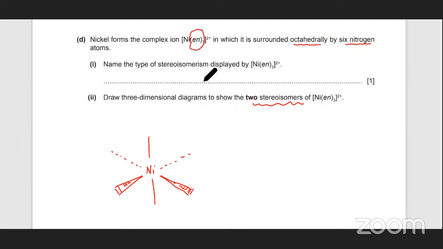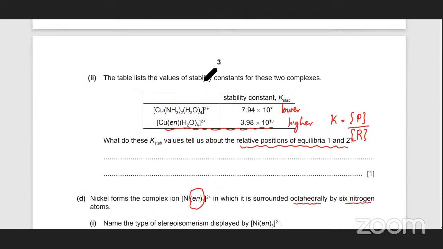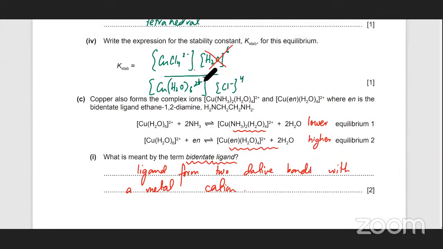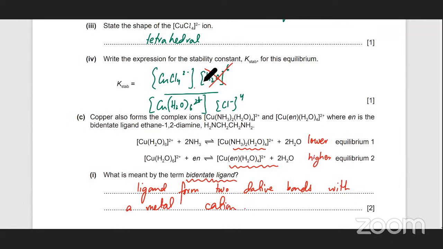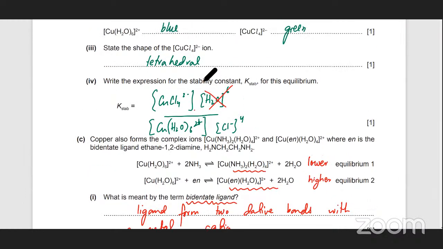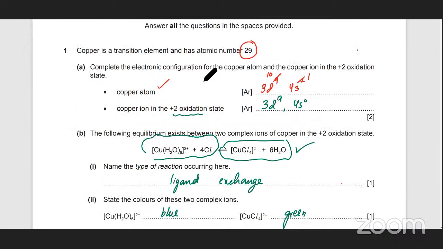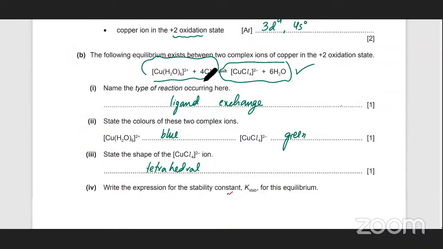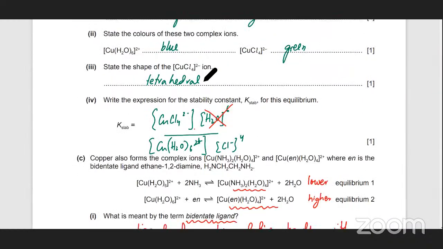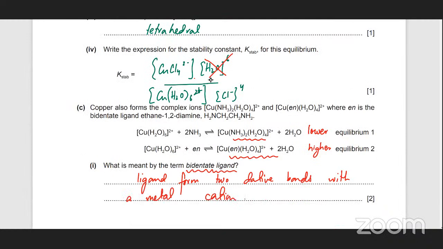The 3 en. En was a bidentate ligand that they mentioned somewhere over here. Where is en? Okay, it's in part C. Yes, this one. So it's basically this molecule over here.